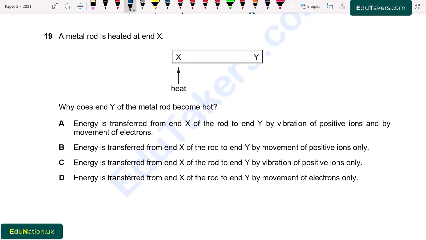Question number 19. A metal rod is heated at end X. Here is a metal rod and we are heating at the end X. Why does end Y of the metal rod become hot? A. Energy is transferred from end X of the rod to end Y by vibration of the positive ion and by movement of the electron.